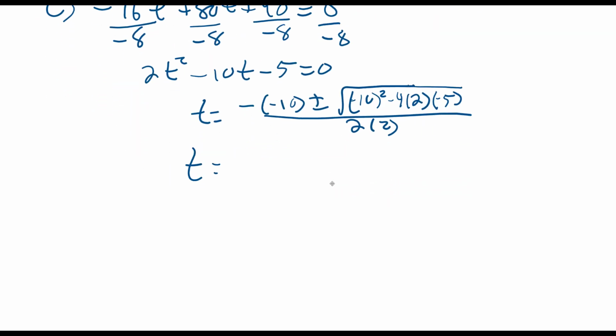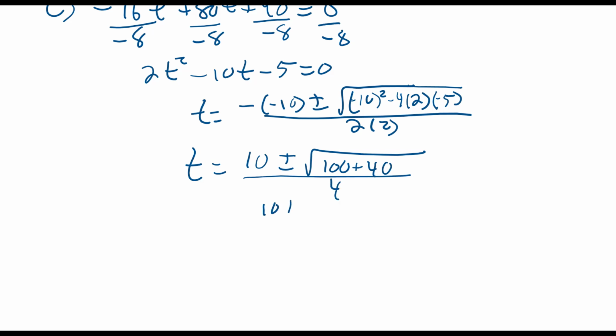So t equals 10 plus or minus the square root of 100, we have a double negative here, plus 50. No, that's not 50. Yeah, 2 times 5 is 10 times 4, that's 40. Or 4 times 2 is 8 times 5 is 40. All over 4. So it's 10 plus or minus the square root of 140 over 4.